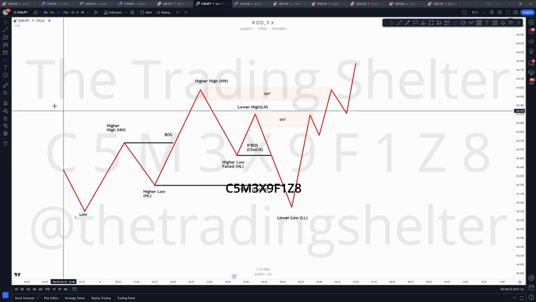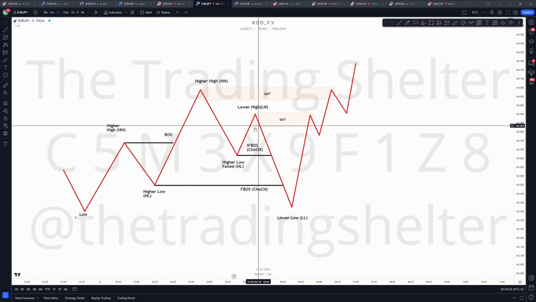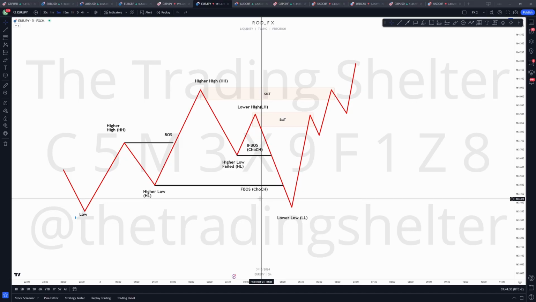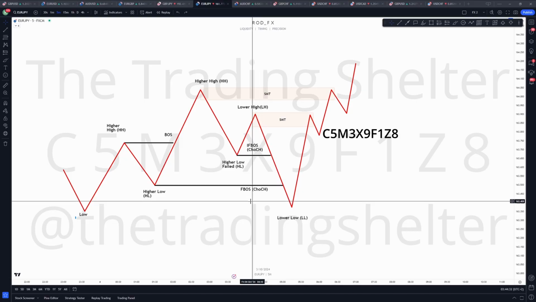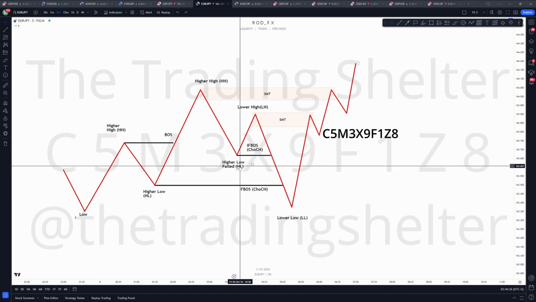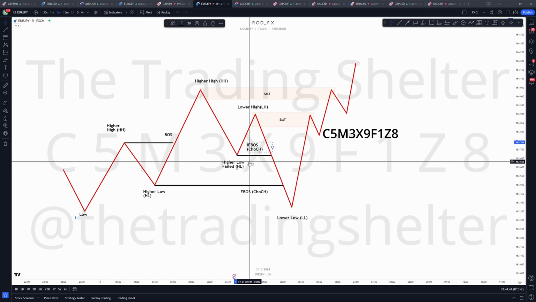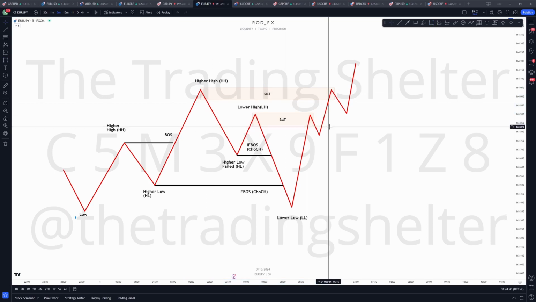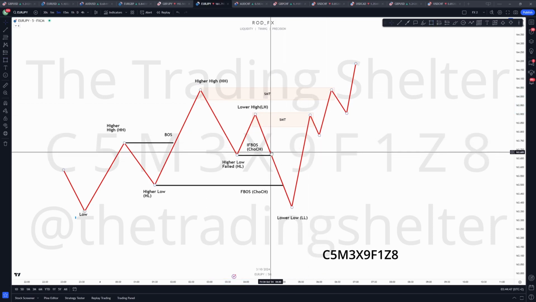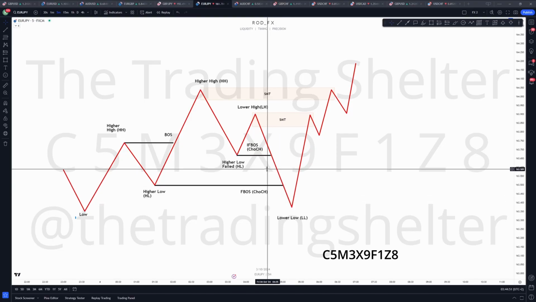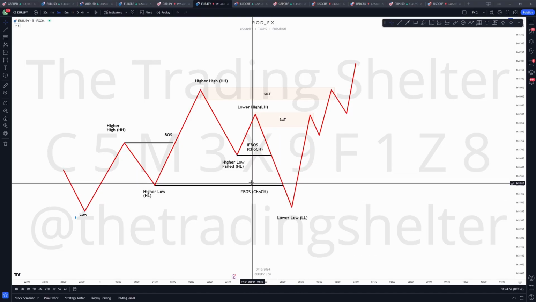Very important: this type of pattern needs to be 100% mastered. You need to know that both of them provide the same idea, that everything here is a trap. It's just that potentially one or both of them will provide an entry opportunity, or maybe it will not.